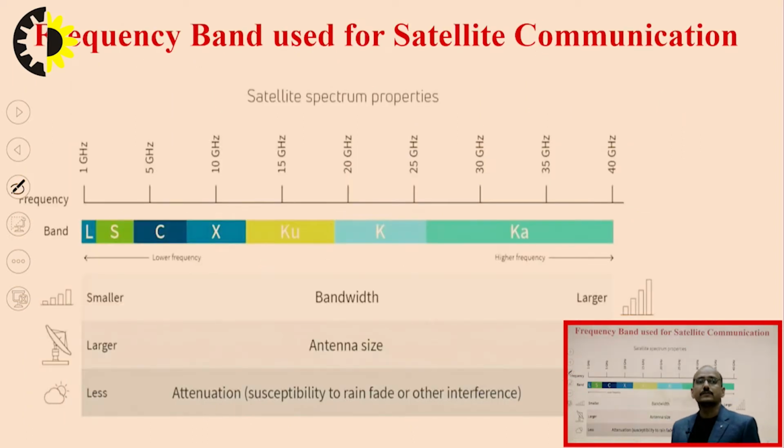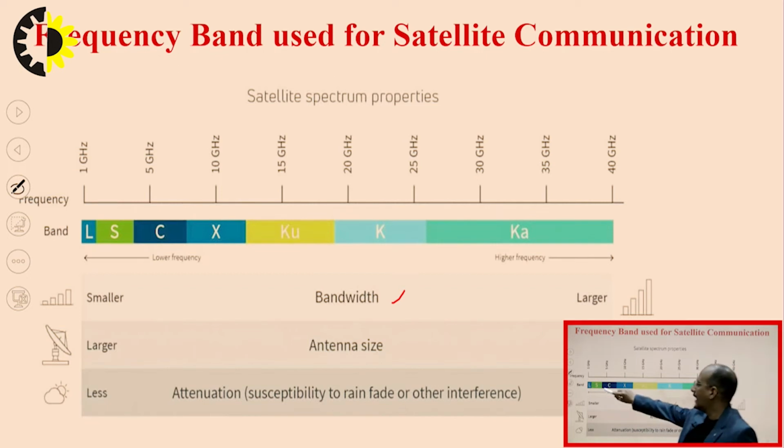Then the parameters, or we can say the properties. When we are talking about the properties of these satellite spectrums, first one is bandwidth. As we go towards higher frequency, the bandwidth is increasing.